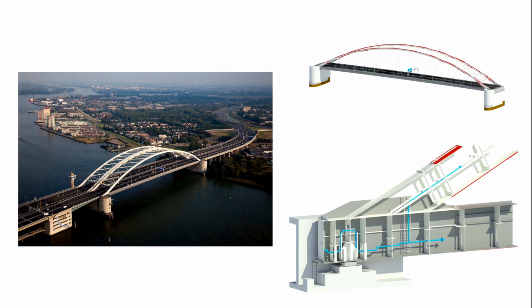This is the Van Brienenoord Bridge. It's the largest bridge in the Netherlands. It is located in the A16, close to Rotterdam. It's a steel arch bridge. The bridge has some steel fatigue issues, so we have to design strengthenings for the bridge.